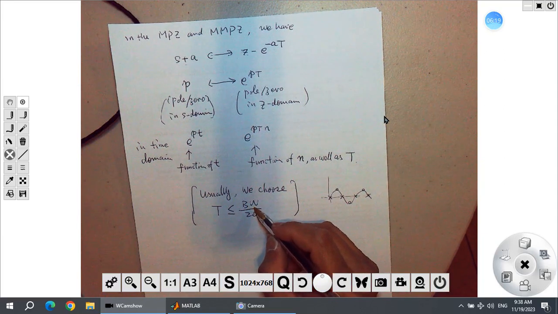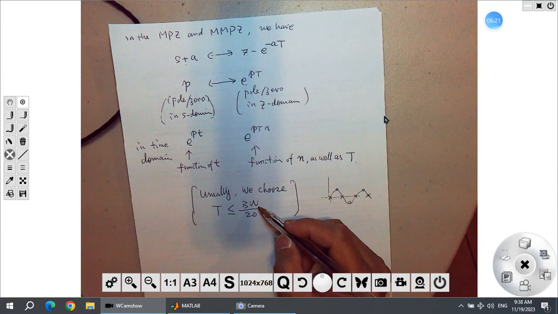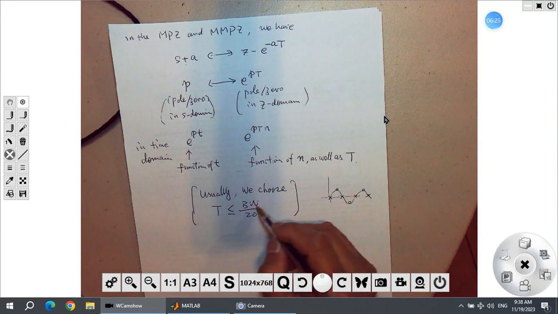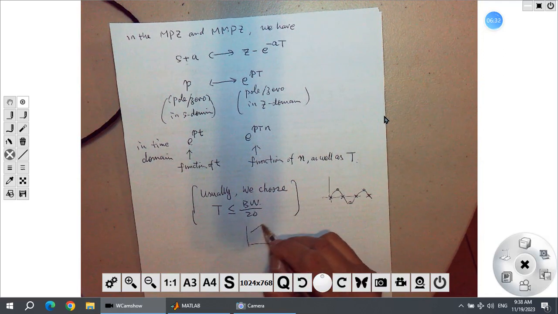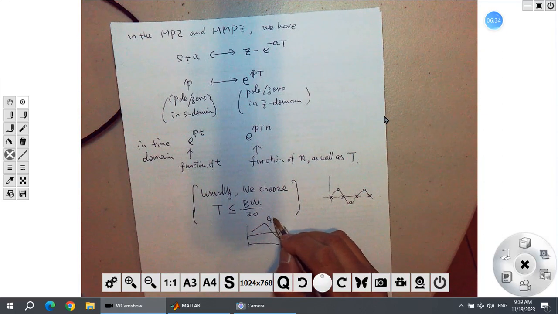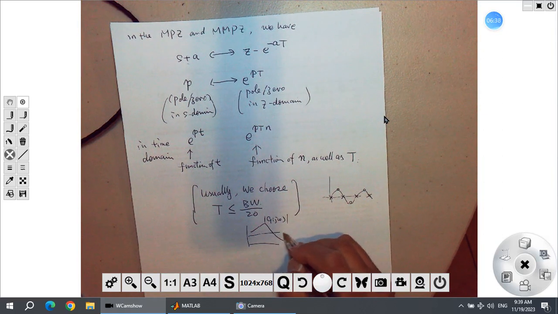When we have a system that we want to change to digital, from the Bode plot you can find the bandwidth. Remember, it's like G of j omega; you take its absolute value in the Bode plot.